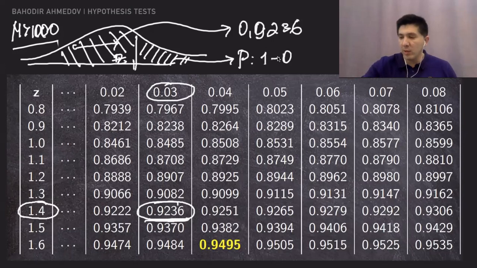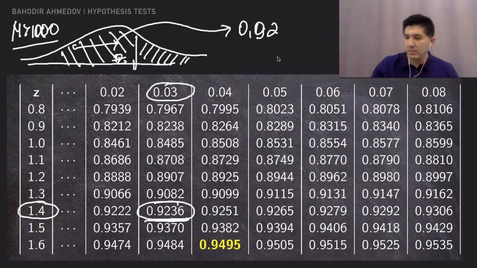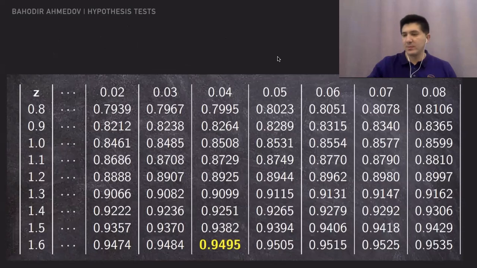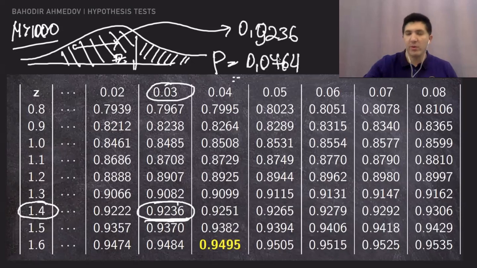It's going to be 1 minus 0.9236, which is going to be equal to 0.0764. So the p-value is 0.0764. This is our p-value.